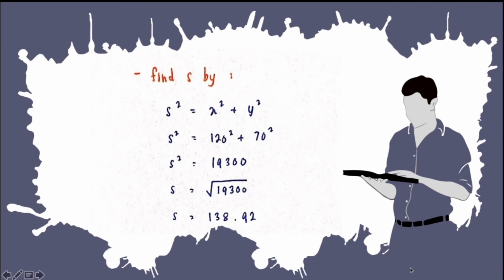The square from s we bring over to the other side, making it a square root, where s is now equal to the square root of 19,300, which equals 138.92 kilometers.